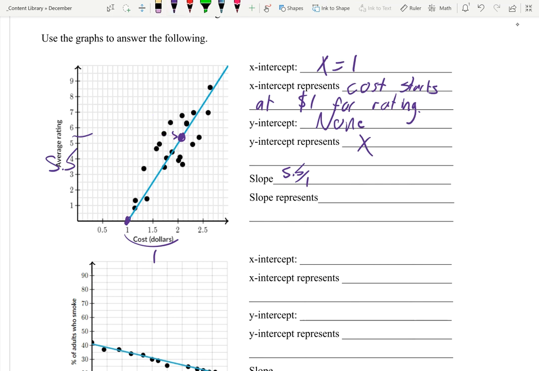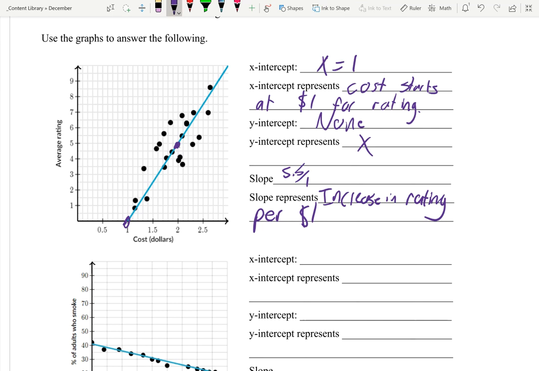So that's our slope. Our slope represents the increase in rating per dollar, essentially. This is increasing by 5.5 rating per dollar, because you only went up $1 from 1 to 2.